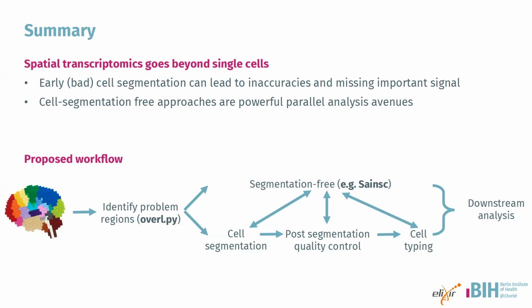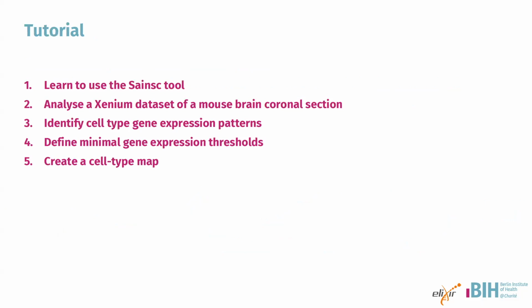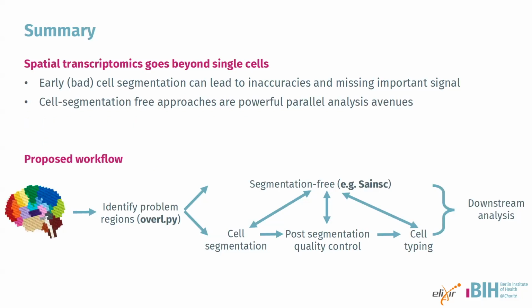You might want to run a tool like Overlappy, which was the bonus part of the presentation that I won't go through, but you're free to download and do that yourself. And then run through a parallel analysis between cell segmentation-free and cell segmentation with newly introduced quality control tools and compare between the two. And when you're happy with your cell segmentation-based analysis based on what you observe in your cell segmentation-free, then you can proceed with downstream analysis.